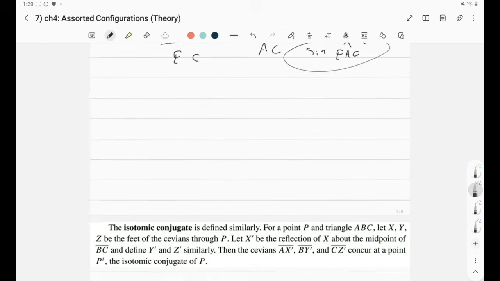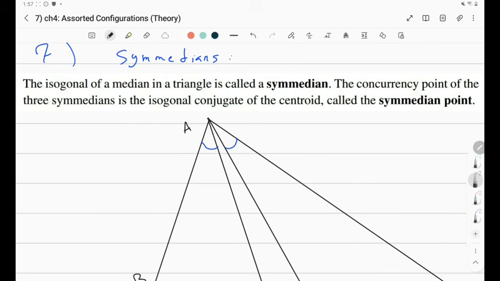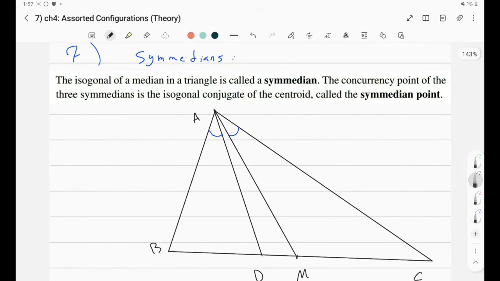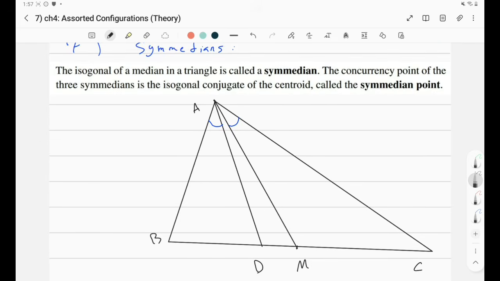Alright, so these are the isotomic conjugates and the isogonal conjugates. And now let's move on to the next configuration. Now we'll introduce the symmedians. What is a symmedian first? Well, the definition is based on the isogonal conjugate that we just introduced in the previous configuration. The idea is very simple.